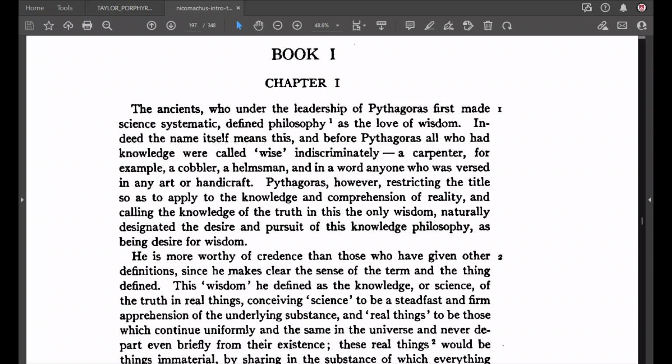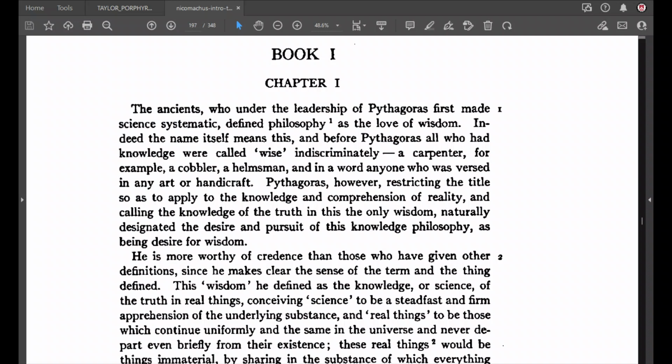Okay, so before Pythagoras, they used the word wise in an indiscriminate way. Anyone who was versed in any art or handicraft was called wise. Pythagoras, though, restricted the use of this title.